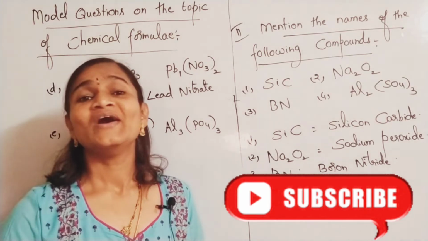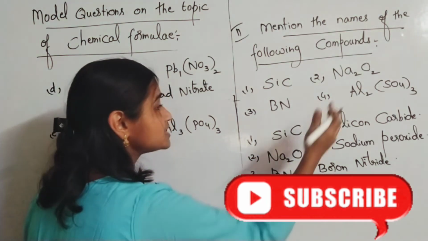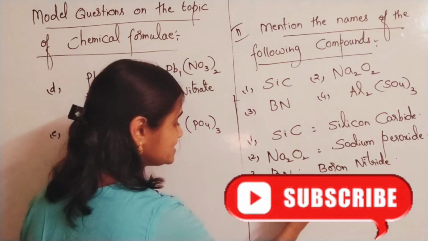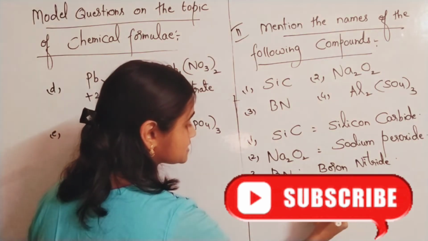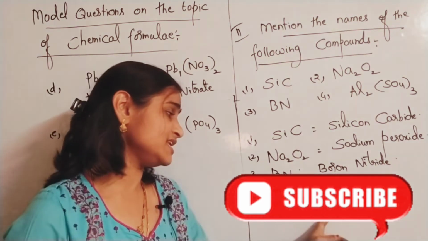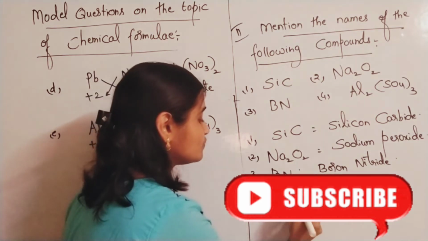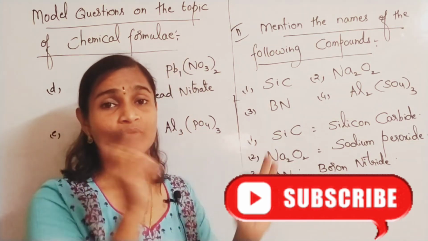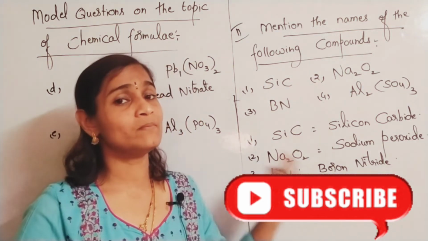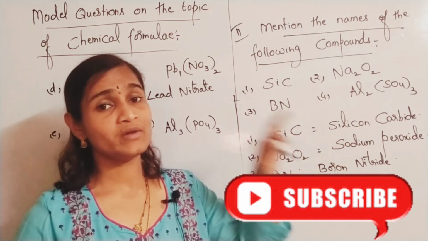Yes. Next, fourth one you see, Al2(SO4)3, Al2SO4 taken thrice. Al stands for aluminium. How you got this formula? Aluminium valency is 3, sulfate valency is 2. You are crossing them, then you will get the formula of the compound. If name is given, you can even write the formula of the compound.